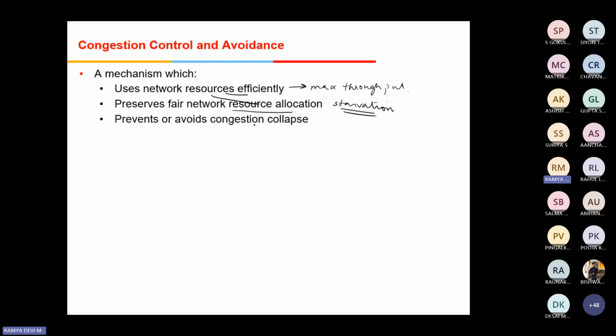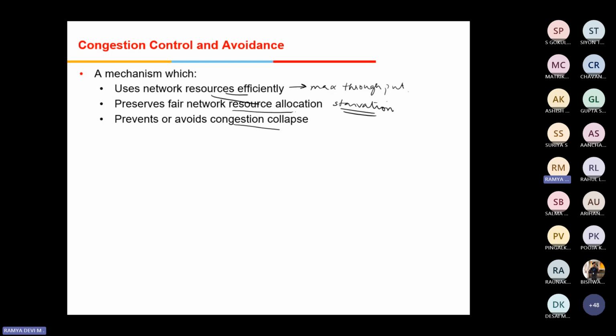And also we have to prevent congestion collapse. When the network becomes overloaded, packets are dropped or delayed, and the performance will drop drastically. In that case, there should be a congestion mechanism both to prevent and to avoid it. If a sign of congestion is detected, we have to prevent the collapse before it happens.